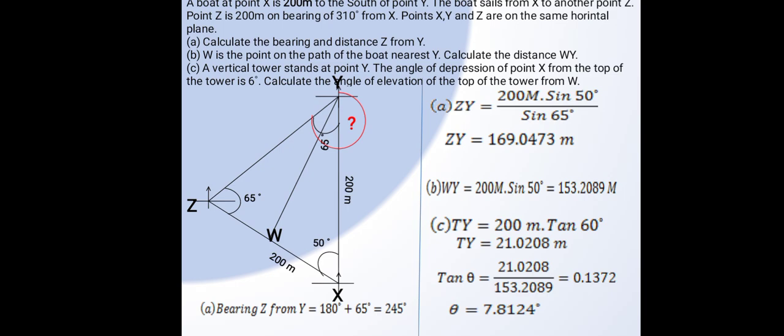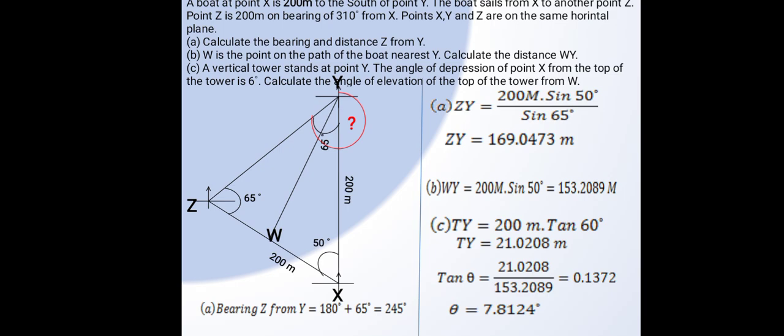So we find a point at 90 degrees on ZX joining Y, which is W, and we can calculate it using sine, the opposite side over the hypotenuse. So we take 200 meters times sine 50, and we get 153. We are using sine because it forms a right-angled triangle.